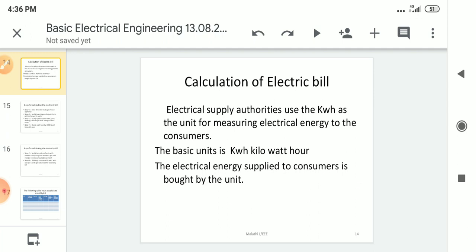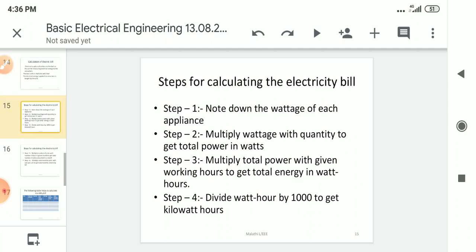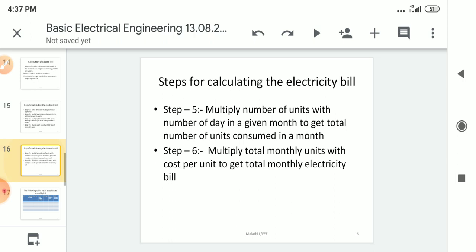This is a procedure for calculation of electric bill. We are taking 6 steps to calculate this.